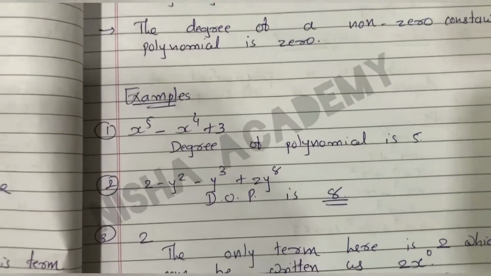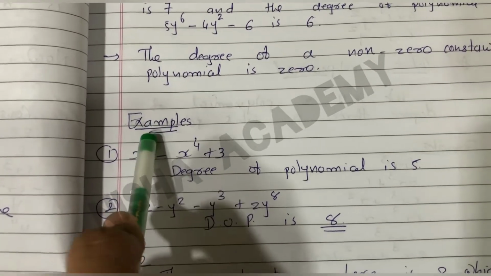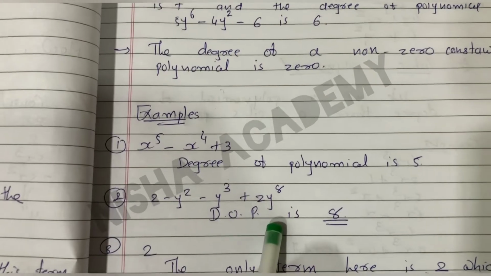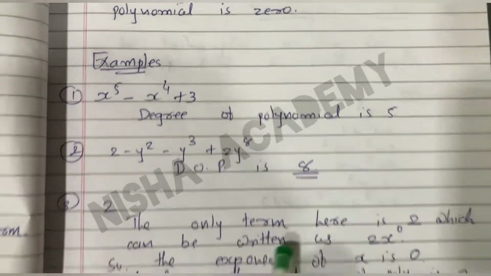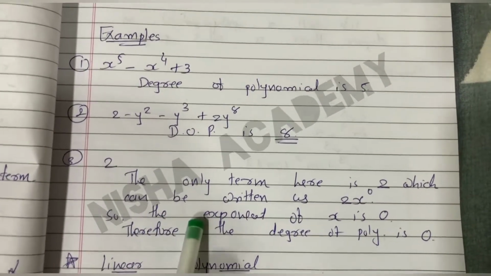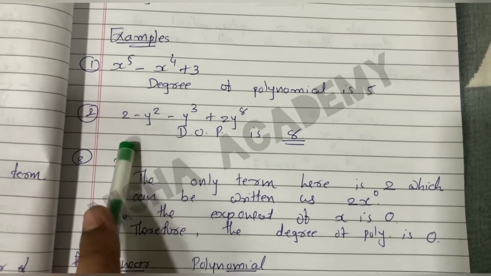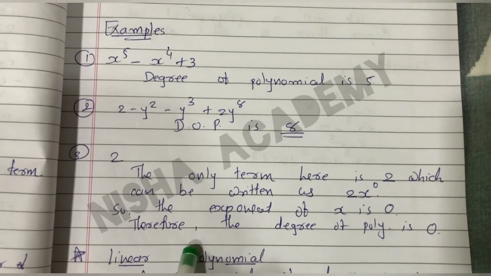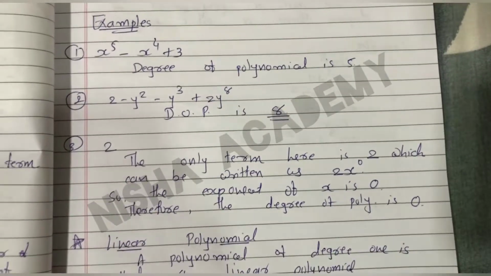So we have seen different examples. Here the degree of the polynomial is 5 because the highest power of the variable is 5. Here the degree is 8 because the highest power is 8. Here only 2 is there, and a constant is always a multiple of x raised to 0, so the power of the variable is 0 and the degree is 0.